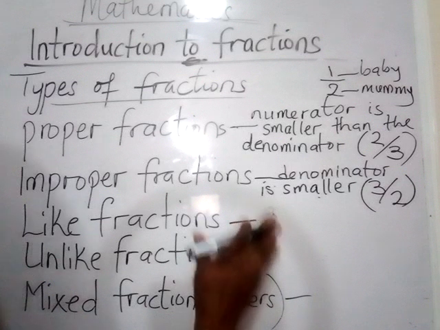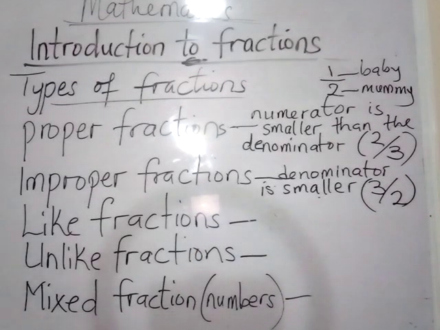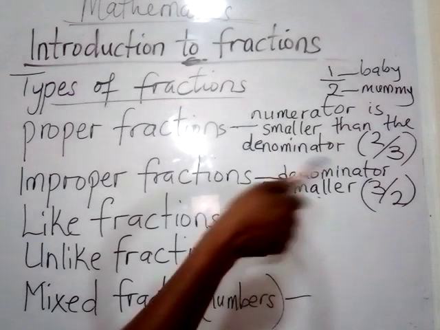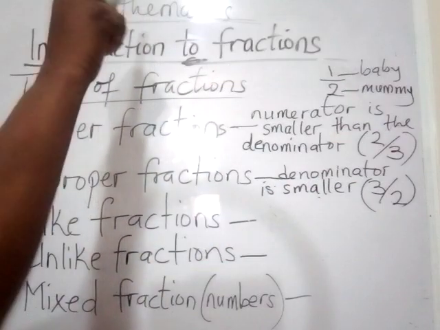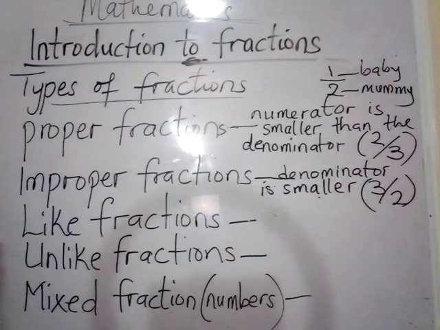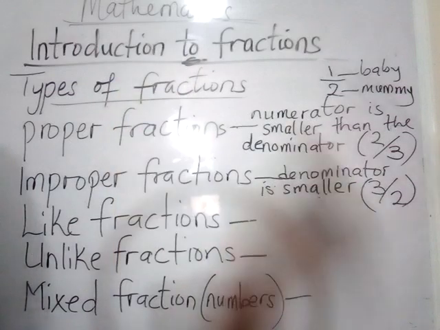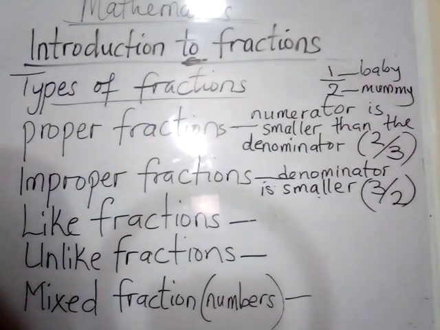It's an example of improper fraction. It's not proper. It's not normal. Baby cannot carry mommy. Improper. When the number on top is bigger than the number below. When the numerator is bigger than the denominator, or when the denominator is smaller than the numerator, it is improper. It's not proper. Baby cannot carry mommy.